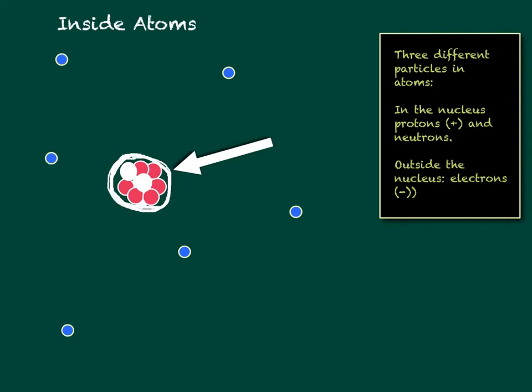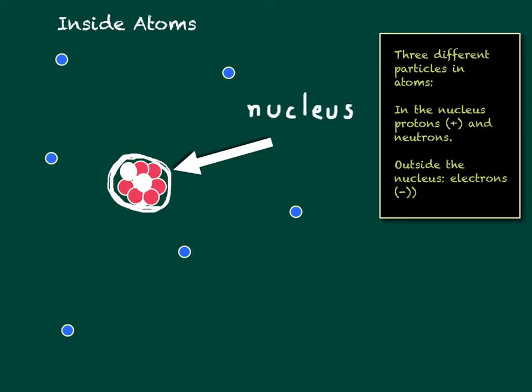And this middle part of an atom is called the nucleus. And the particles which are found in the nucleus are called protons and neutrons. The particles outside the nucleus are electrons.